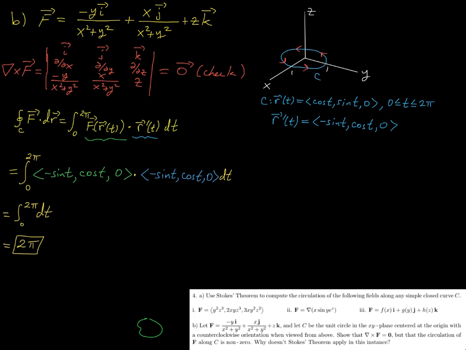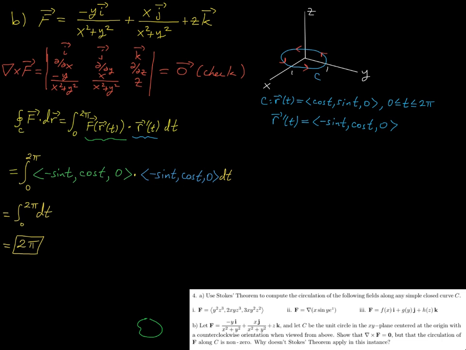And so to evaluate the vector field along the circle, we're going to set x to cosine, y to sine, and z to 0. Okay, and so note here for these denominators, we get cos squared plus sine squared. That's just 1. So these denominators are both 1. And so I'm going to get negative sine t, and then cosine t, and then 0.